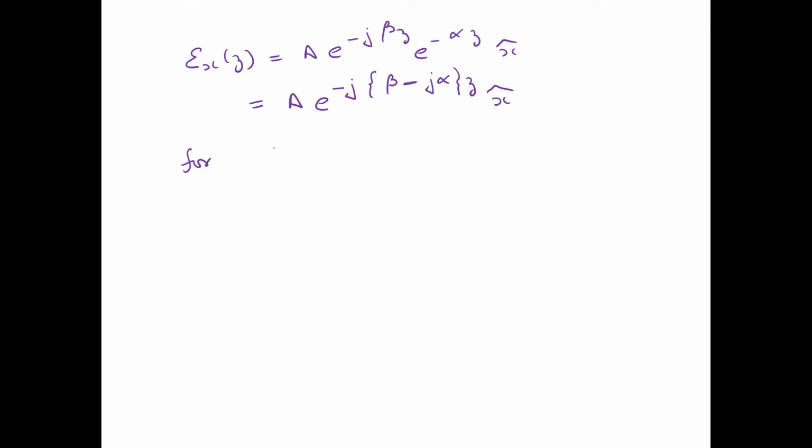For a lossy dielectric, your k is beta minus j alpha. That's your total k value. Many times when you look at the books, and I believe your book also does it, this is also called gamma.